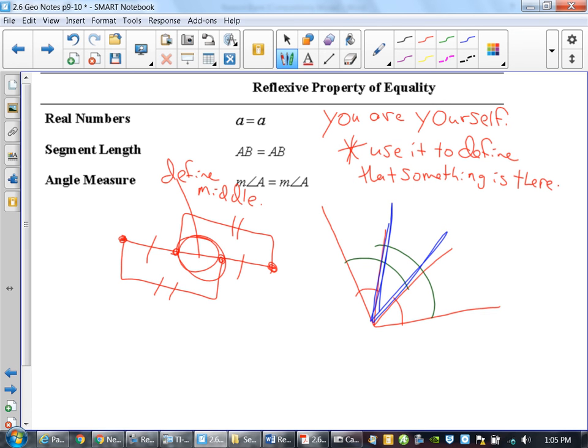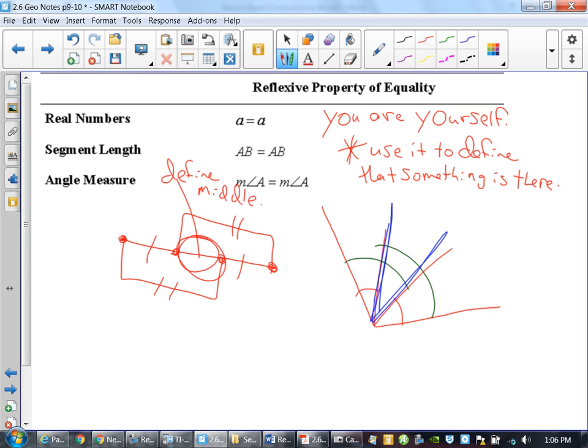Okay? It's a proper way of doing it. You can't just add things together if you don't know it's there. It's one of those weird rules of geometry. So reflexive property is for when you have to define something that's not already given to you. You will see it pretty much whenever you have to add a middle part to both sides, or a middle angle that you have to add to both sides.